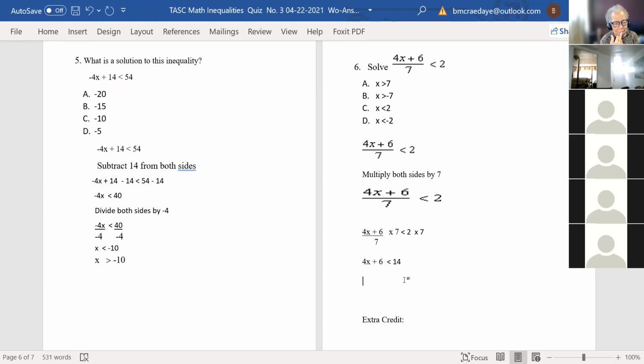So what operation do I use with the plus 6? Minus. That's it. So subtract 6 on both sides. That's right. So subtract 6 from both sides, and let's just do that. Let's take this inequality and subtract 6 from both sides.